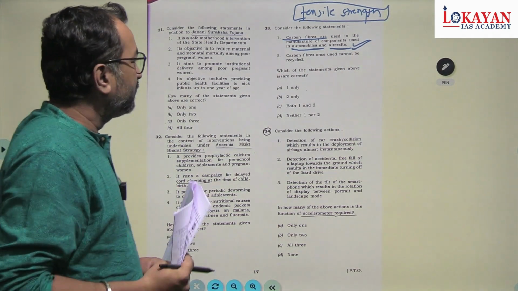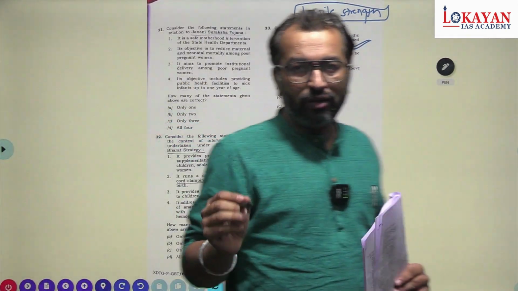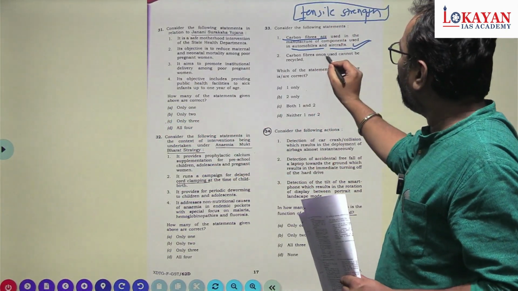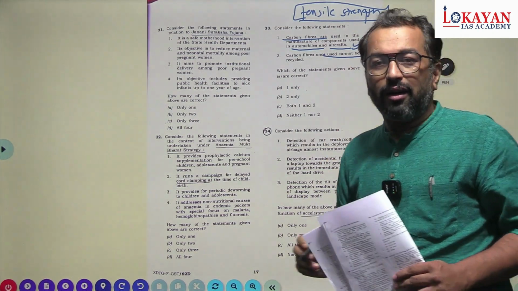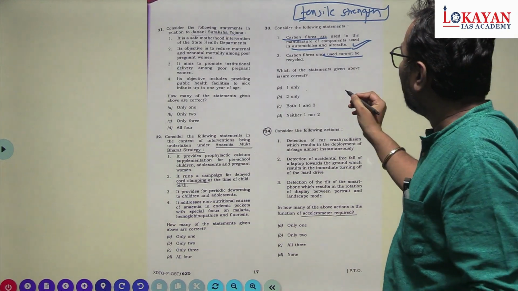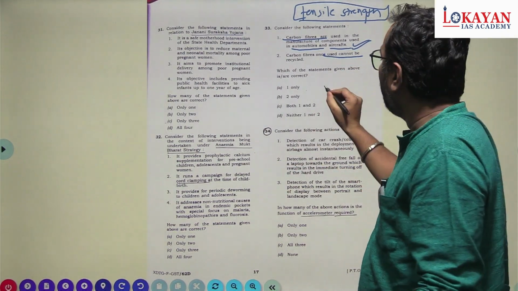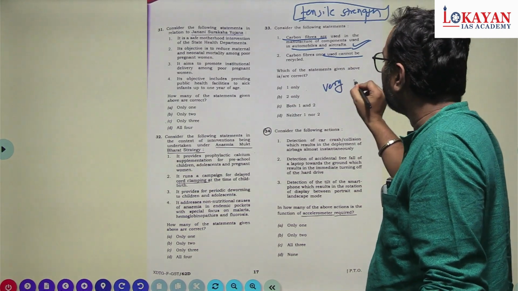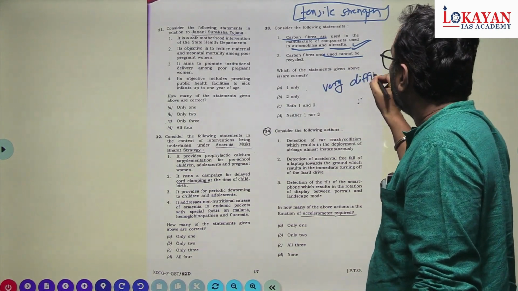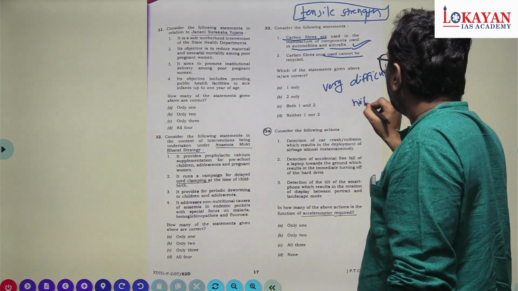Now the second option says carbon fibers once used cannot be recycled. Now this is a confusing question because it says cannot be recycled, right? But if you study carbon fibers, then you will come to know that recycling carbon fibers is very difficult, but not impossible.